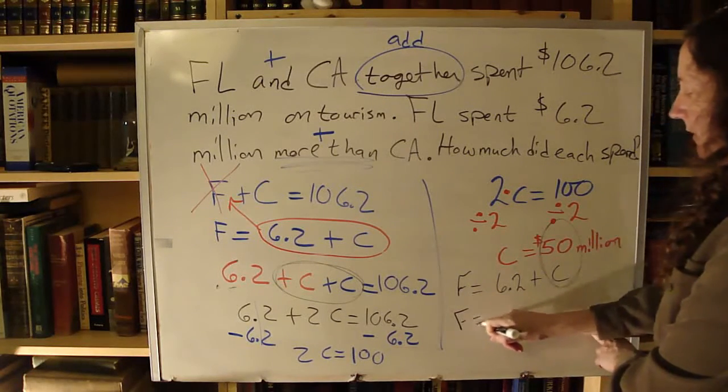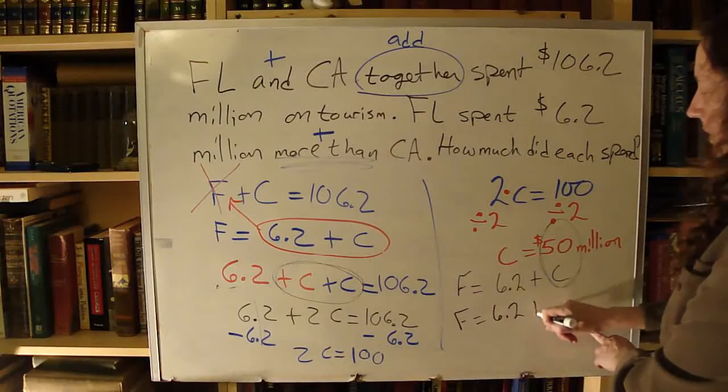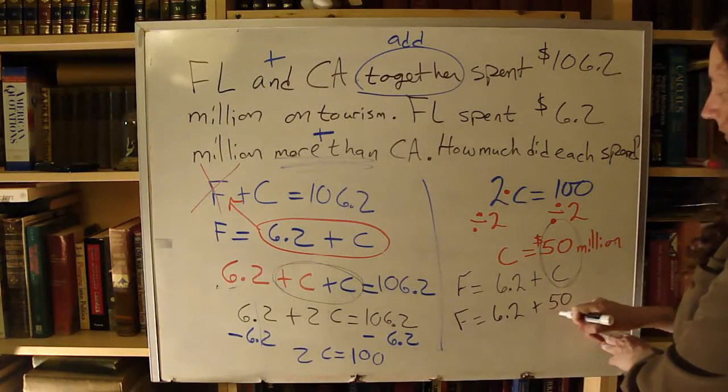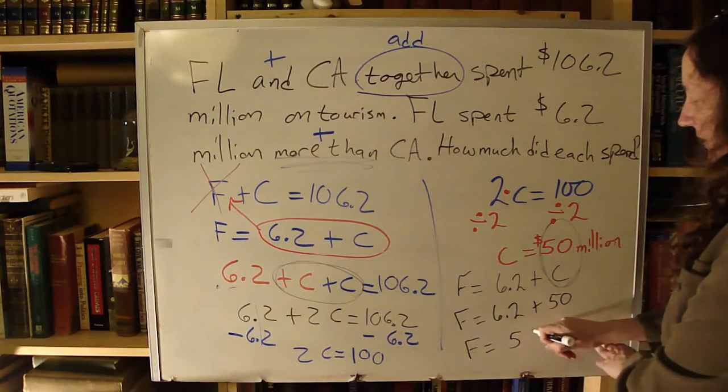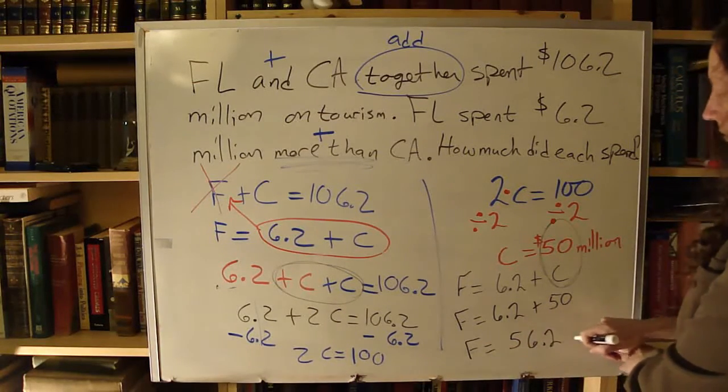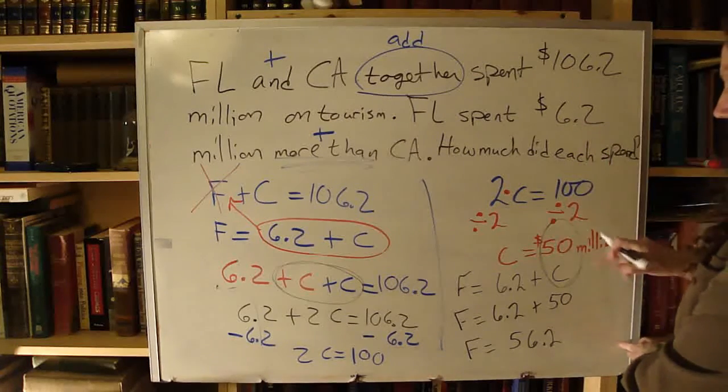So Florida is 6.2 plus 50. Florida is $56.2 million.